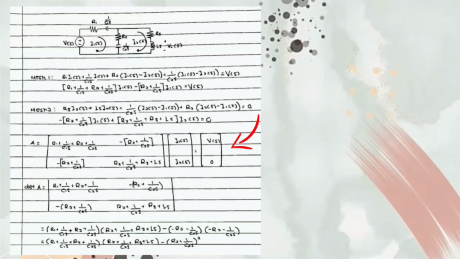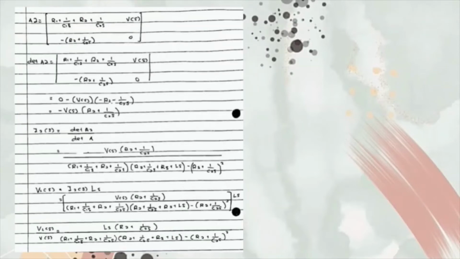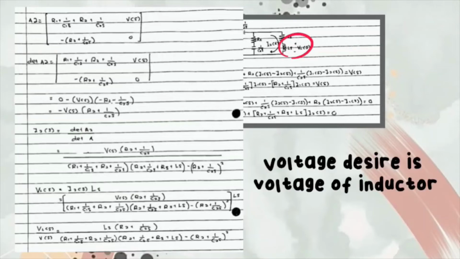From this form, we determine the determinant of A to obtain a new equation. Then we use the equation from mesh 2 to put into the matrix form, that is A2, to get the determinant equation for A2. The equation of mesh 2 is used because the desired value is the voltage on the inductor, and only mesh 2 has an inductor equation.